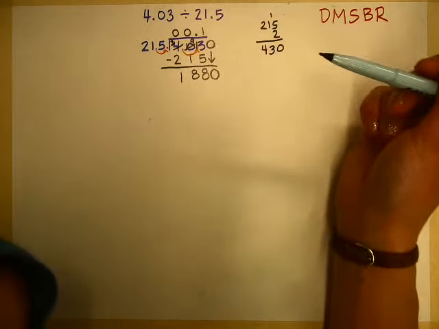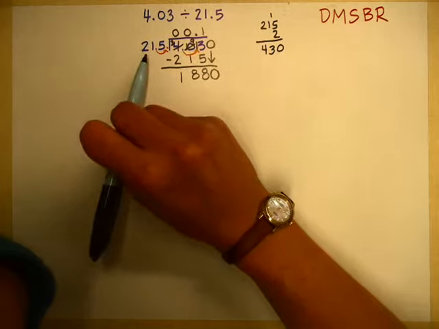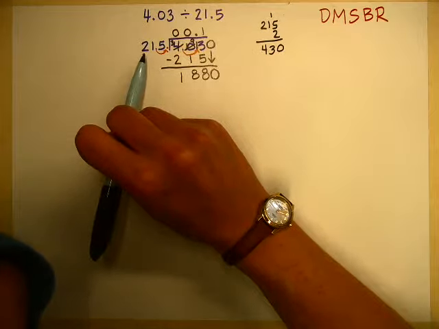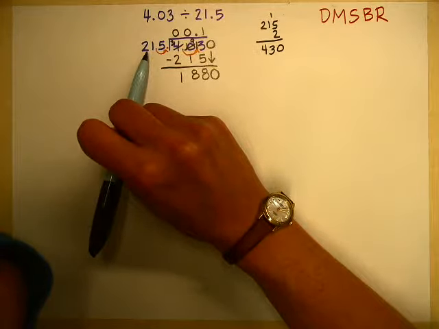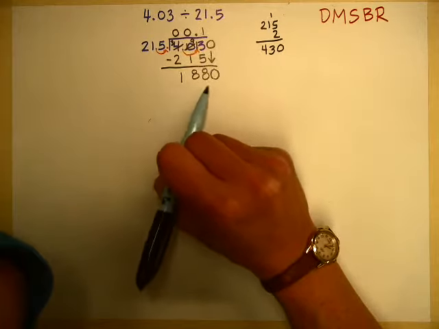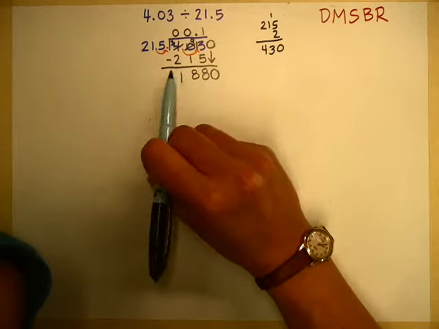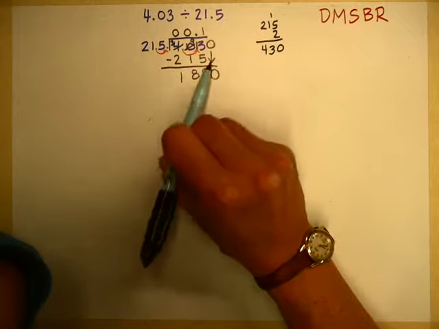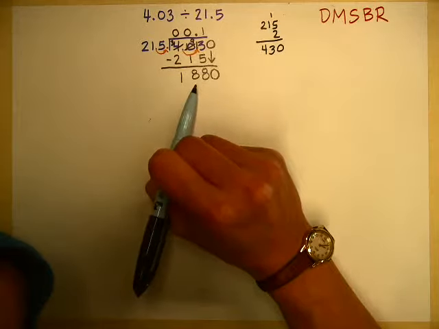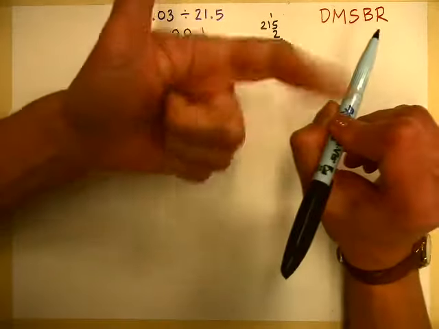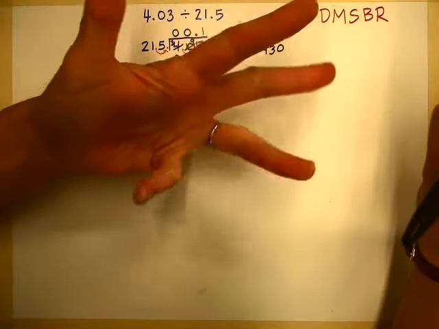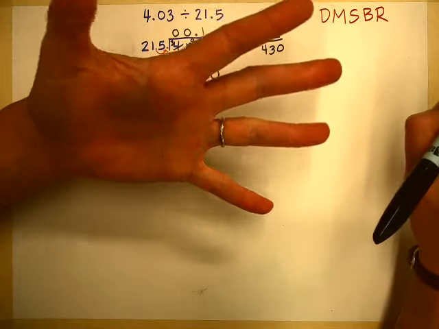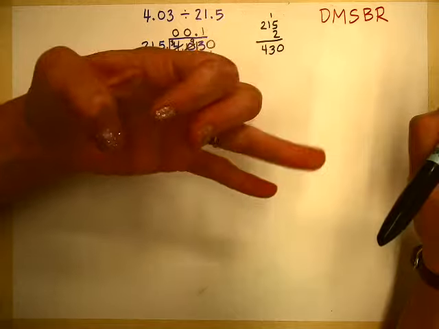Well, I know that 20 goes into 100 5 times, so it probably goes into 180 about, let's see, 20, 40, 60, 80, 100, 120, 140, 160, 180.